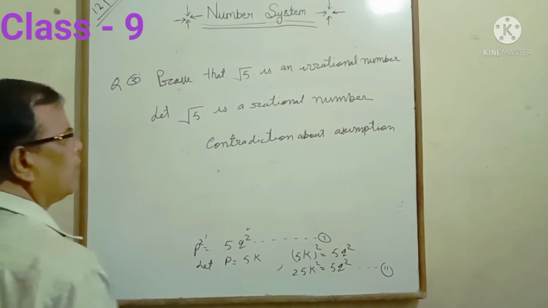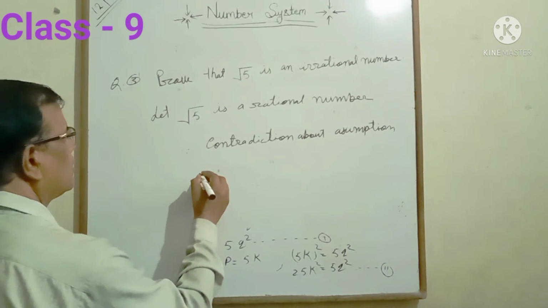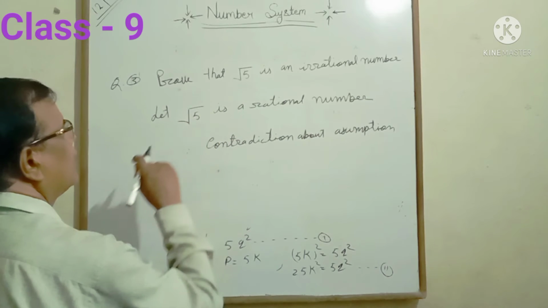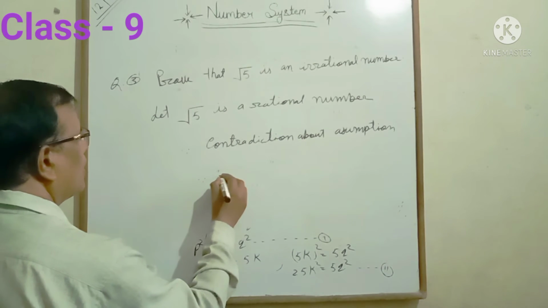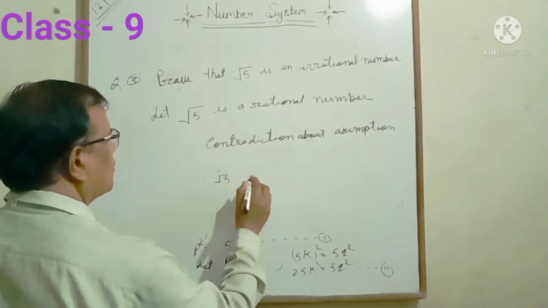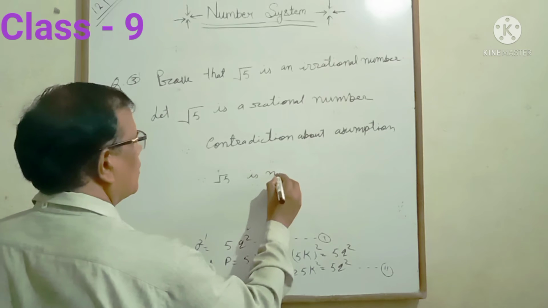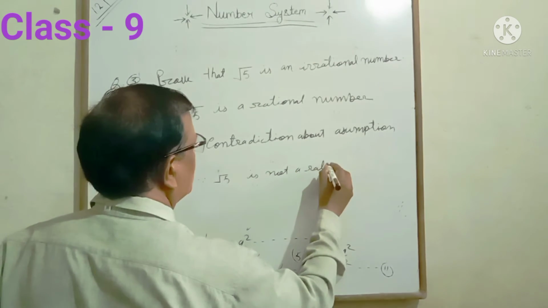There should not be any contradiction. It means our assumption that root 5 is a rational number is wrong. So root 5 is not a rational number.